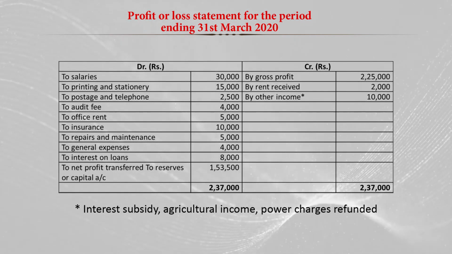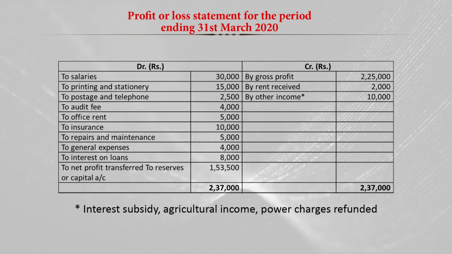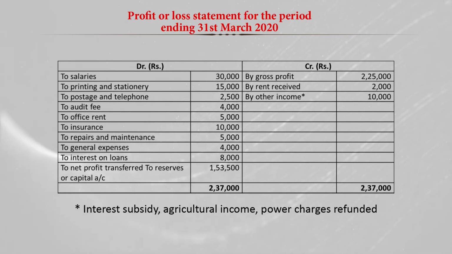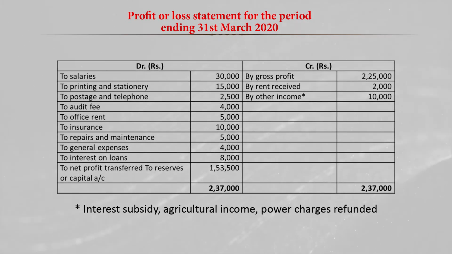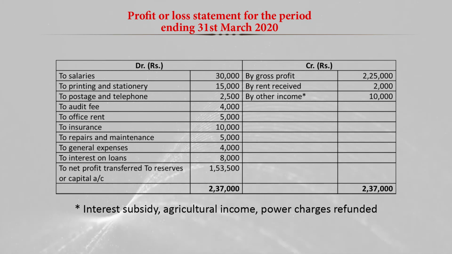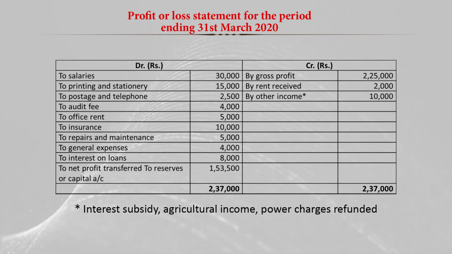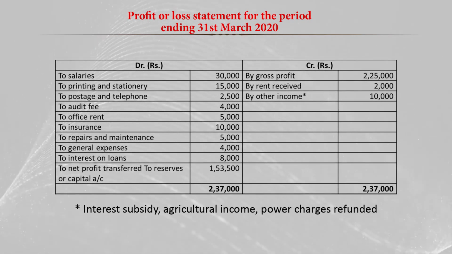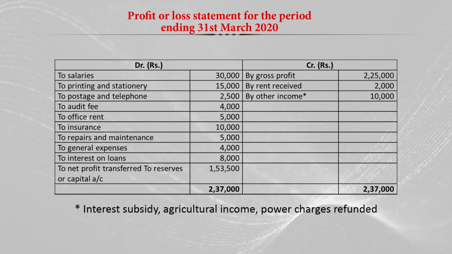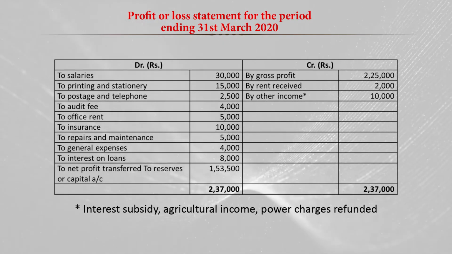So when we subtract all the costs from the gross revenue, that is 2,37,000, the net profit comes out to be 1,53,500, that we transfer to the reserve or capital account of the firm. So here we can say the profit or income of the firm is 1,53,500. So that is, we can say, a sound position.